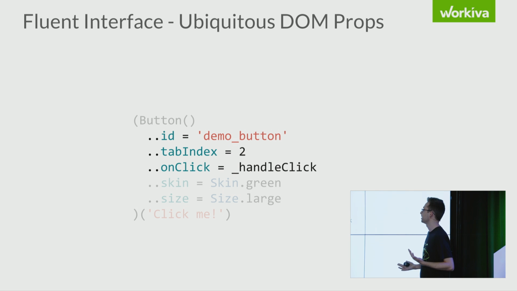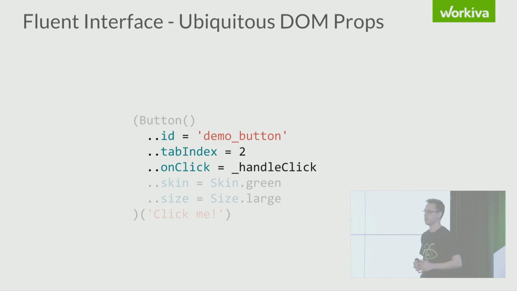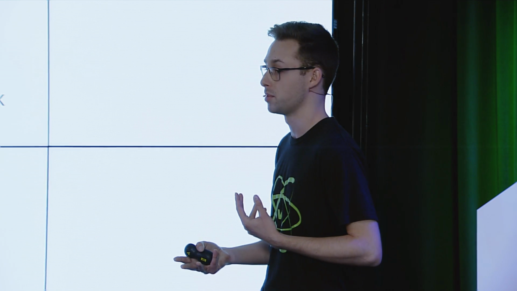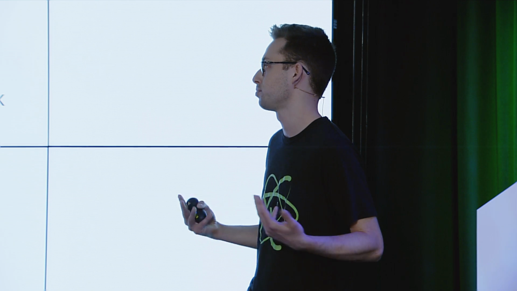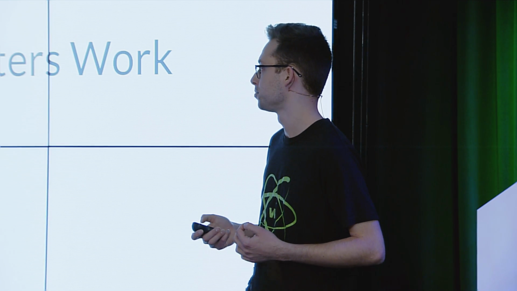And so what we ended up doing is baked into the base builder class, we have props like ID, tabIndex, title, style, className, as well as all of the event handlers declared on that builder so that when you're declaring a custom component, all you have to do is pass through all of the unconsumed props to your rendered DOM component, and then you'll just get all those props passing through for free. You don't really have to redeclare them. And so that makes your components a bit more reusable.